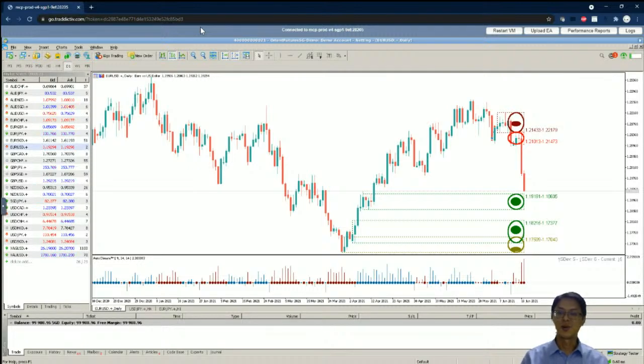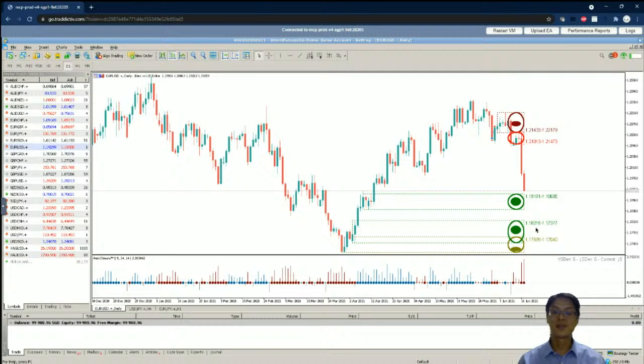As we head down lower, we should see a bounce as it gets down to this 1.1900 area, and this whole area here, 1.1860.